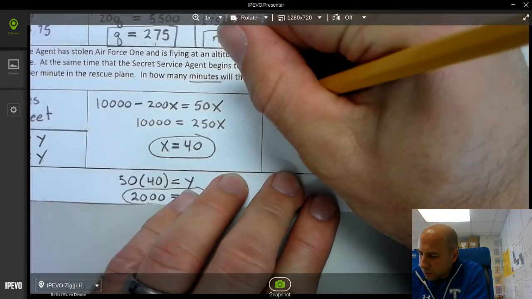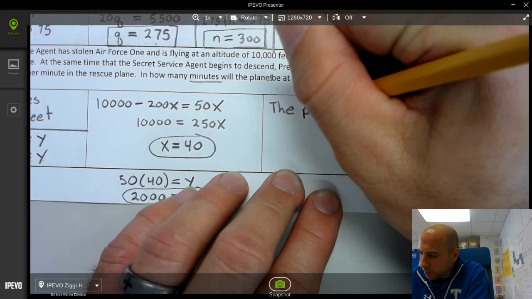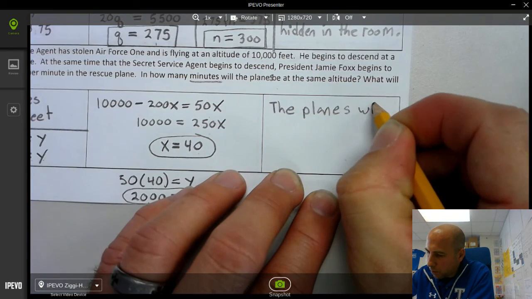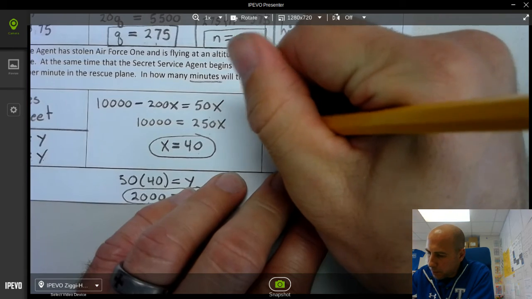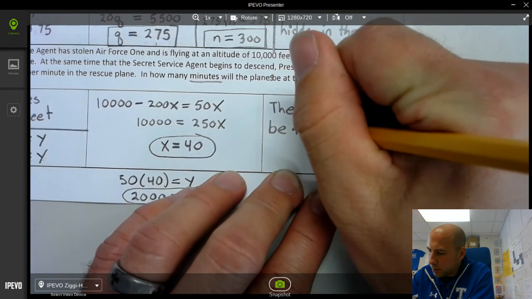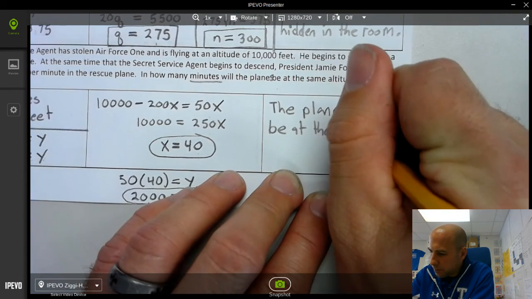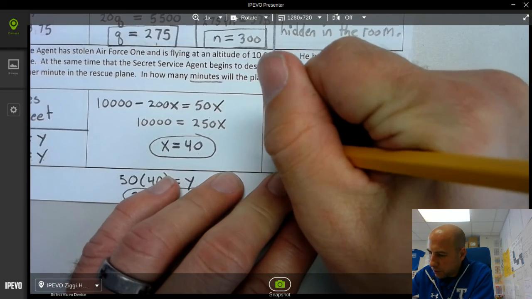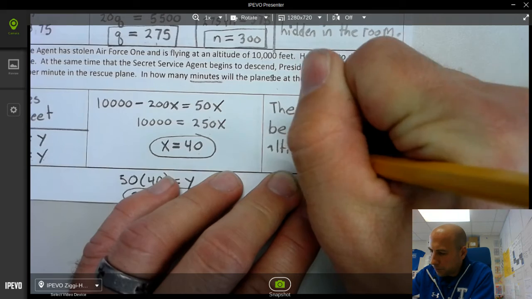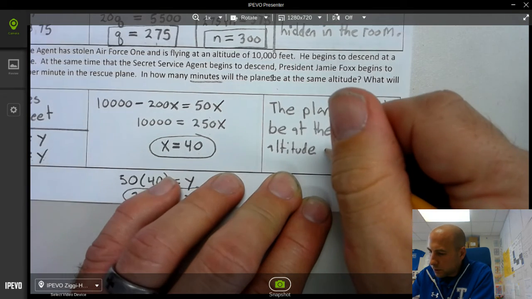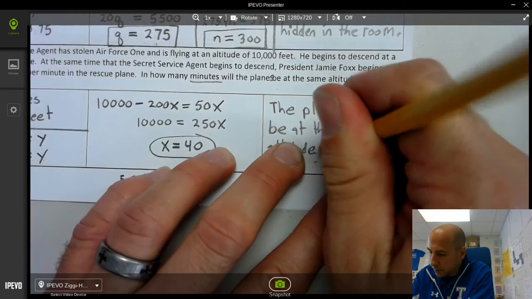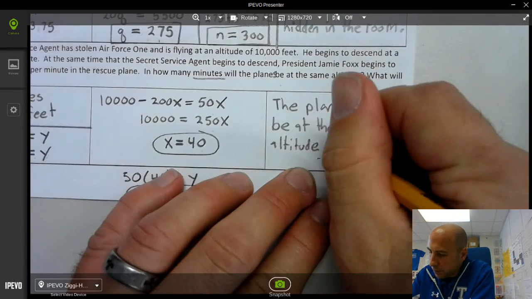So the planes will be at the same altitude in 40 minutes, not after, in 40 minutes.